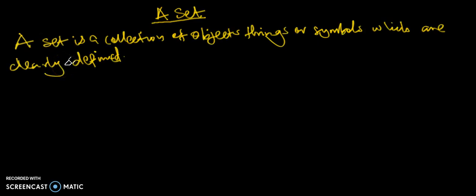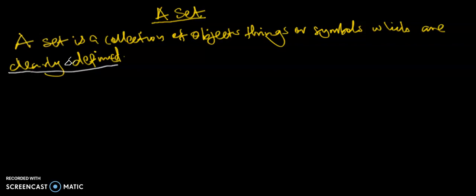So basically, a set is a collection of objects, things or symbols which are clearly defined. So the object must be clearly defined, and that is exactly what we mean when we talk about a set.